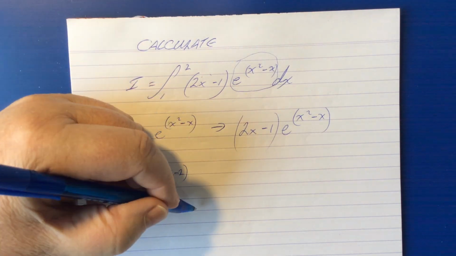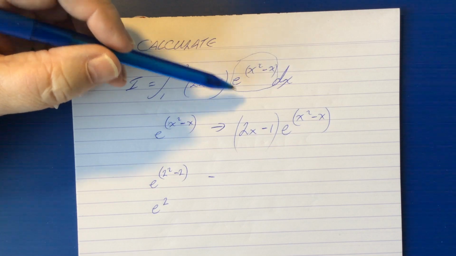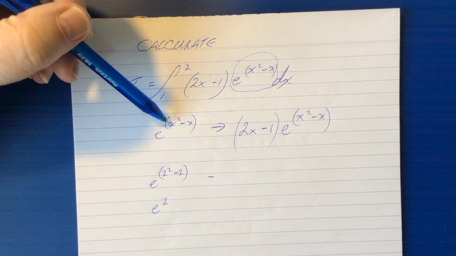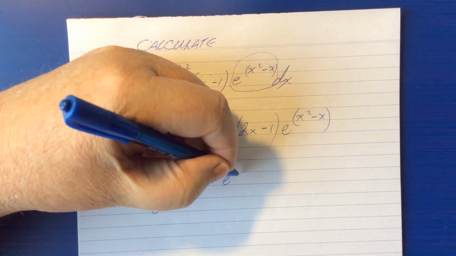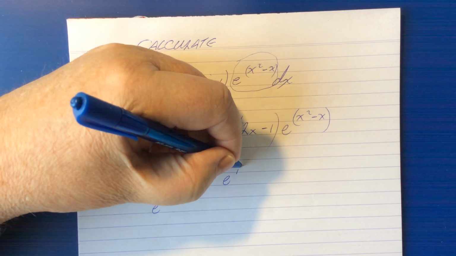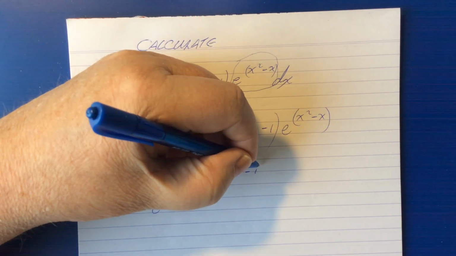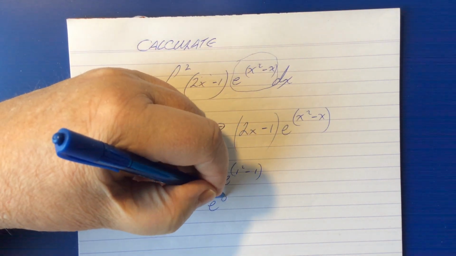And what we do then is we subtract this with the value of 1 standing in for x. So what we have is e to the power of 1 squared minus 1, which gives us e to the power of 0.